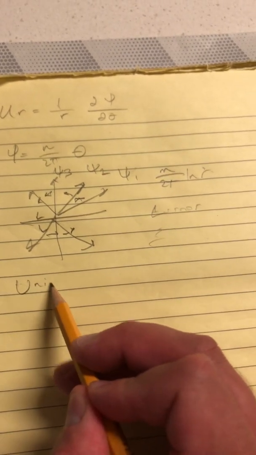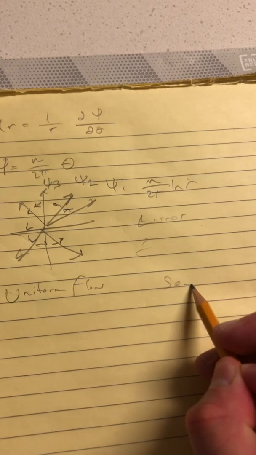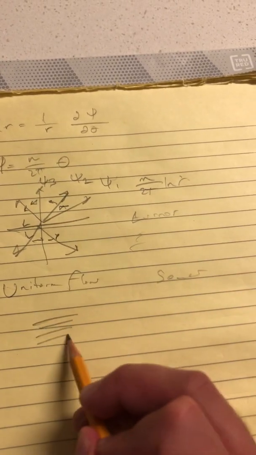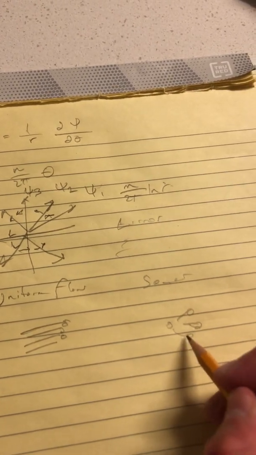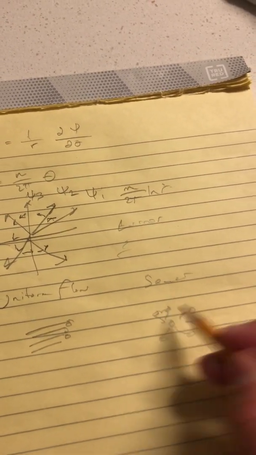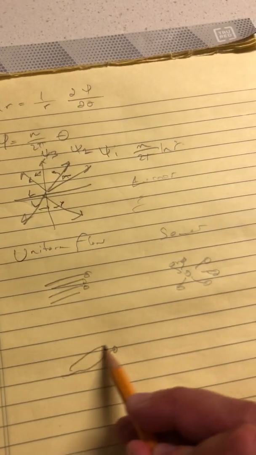So we have uniform flow and our source. So we have flow coming in to our source. And what we want to do is superimpose both of these to get a diagram that looks like this.